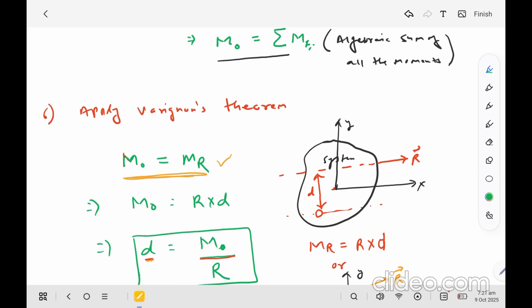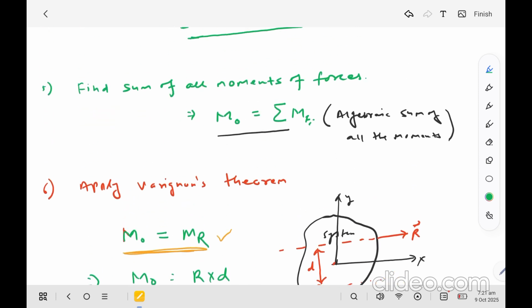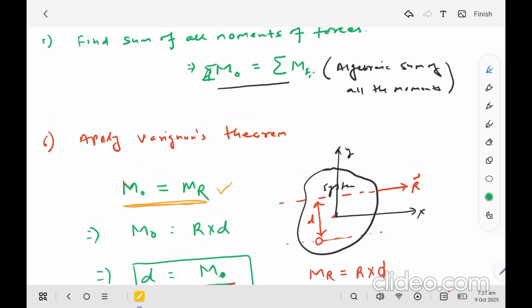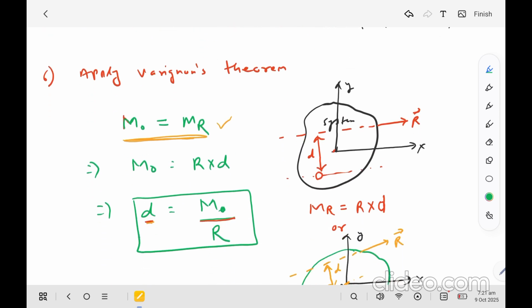Now we know the algebraic sum of the moments of all these forces, meaning MO. Then we assume that the magnitude of the resultant force is R, and the distance between the resultant and point O is D. Then we can find the moment of this resultant about this point O.